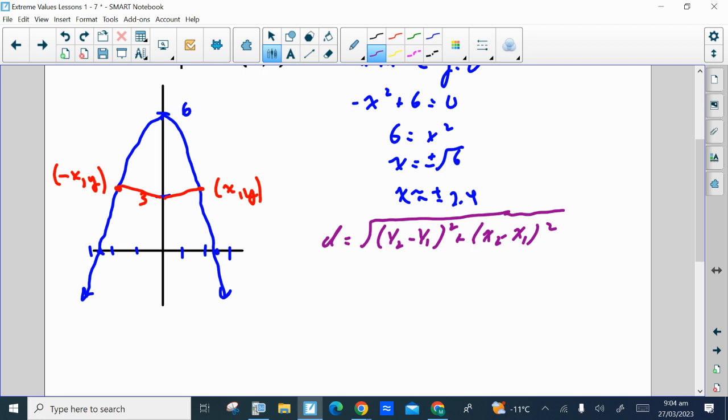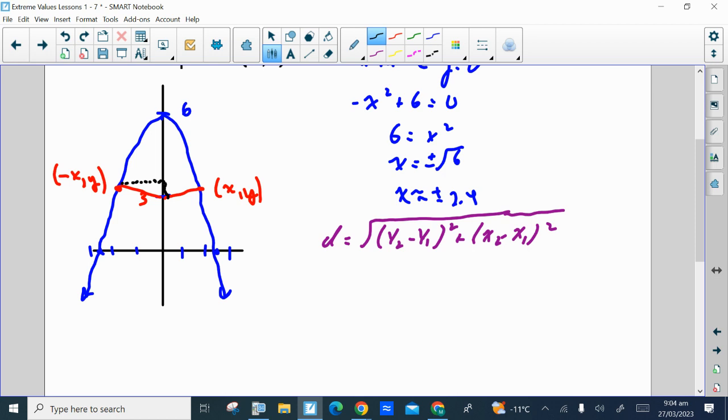It actually comes from Pythagorean theorem, where the line is like the hypotenuse of a right triangle. So with this line being the hypotenuse of a right triangle, you can draw a right triangle like that. And you're using points x1, y1, x2, y2 as the endpoints of the hypotenuse.